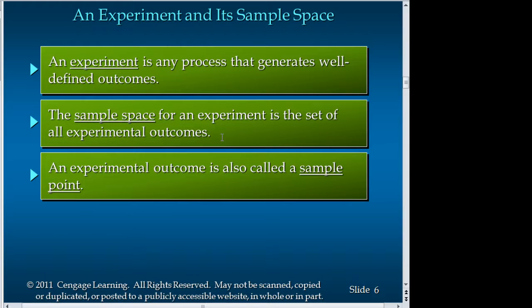Let's say you are rolling a die. You will get anywhere from 1 through 6: 1, 2, 3, 4, 5, 6. The action of rolling a die is a statistical experiment. The outcomes 1 through 6 are the sample space.